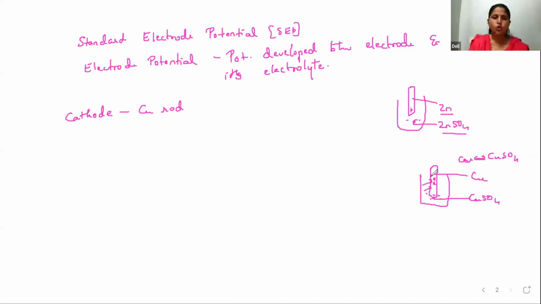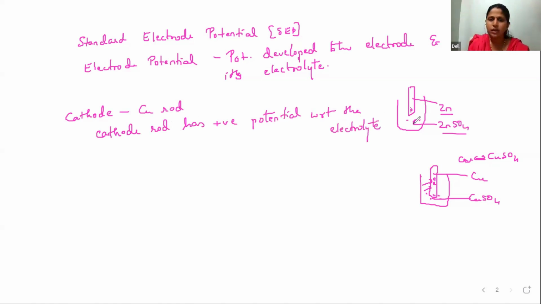Positive charge is getting deposited on the cathode rod. Therefore we can say the cathode rod has positive potential with respect to the electrolyte. Is that point clear?